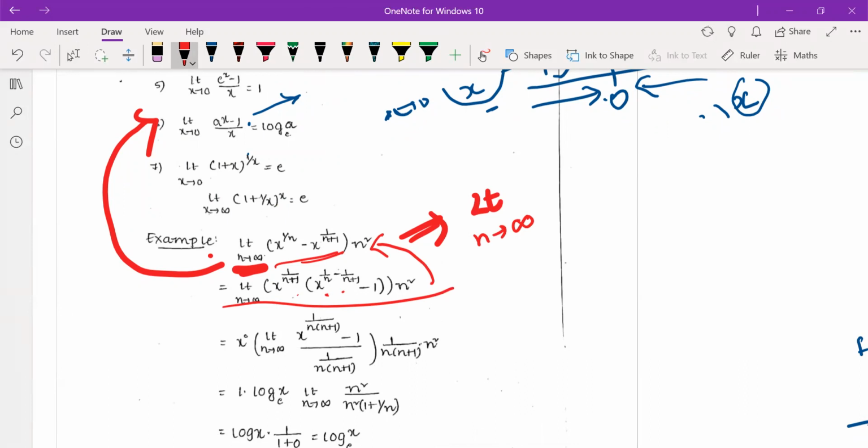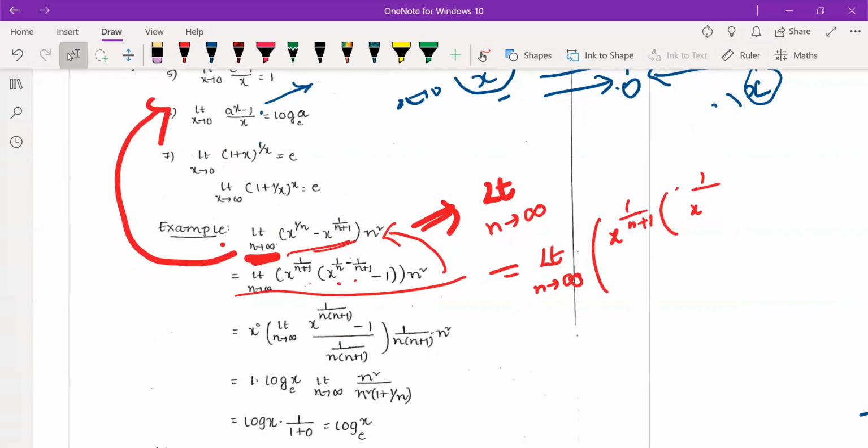Now, I will just elaborate the solution next. Infinity into x power 1 by n plus 1. X power 1 by, this means n plus 1 minus of n by n. So this becomes n into n plus 1 minus 1 by, we'll multiply and divide as it looks similar to this one.